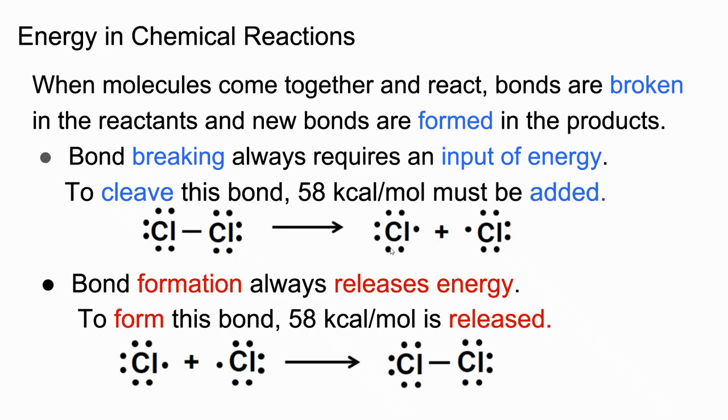If we are running the reaction in reverse, when we put these 2 chlorine atoms together, we are releasing energy. Okay, when you put atoms together to form a bond, that releases energy. Okay, notice it's the same amount of energy, so we're either putting that energy in or we're getting that energy out, depending on if we're breaking the bond or forming the bond.